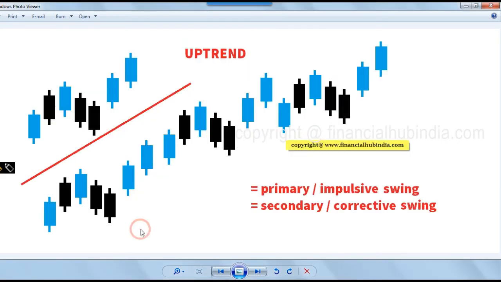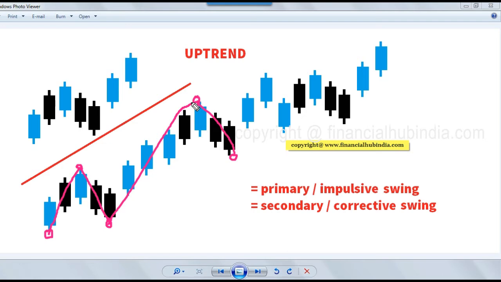Now let's talk about the term swing first. So far we have been talking like from here to here. When you draw a candlestick chart momentum, you go from this level to this level, isn't it? Again from this level to this level, right? So far we have been saying this is one line, then you draw the second line, then you draw the third line, then you draw the fourth line, which creates a zigzag momentum.